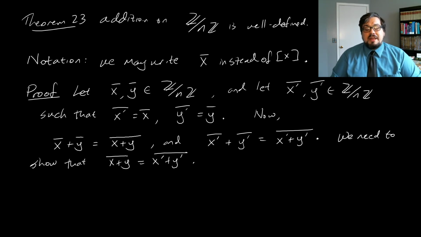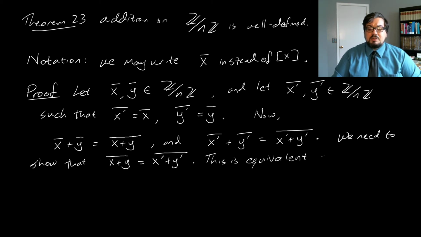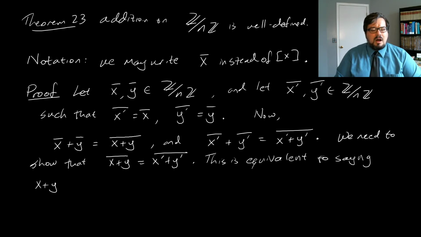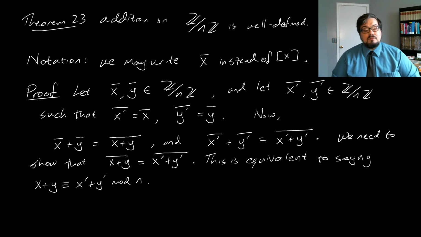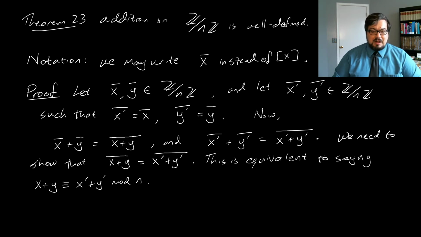In order to prove that the equivalence class of x plus y is equal to the equivalence class of x prime plus y prime, this is equivalent to saying that x plus y is congruent to x prime plus y prime mod n. So two representatives have the same equivalence class if they are congruent under the original equivalence relation, in this case congruence mod n.